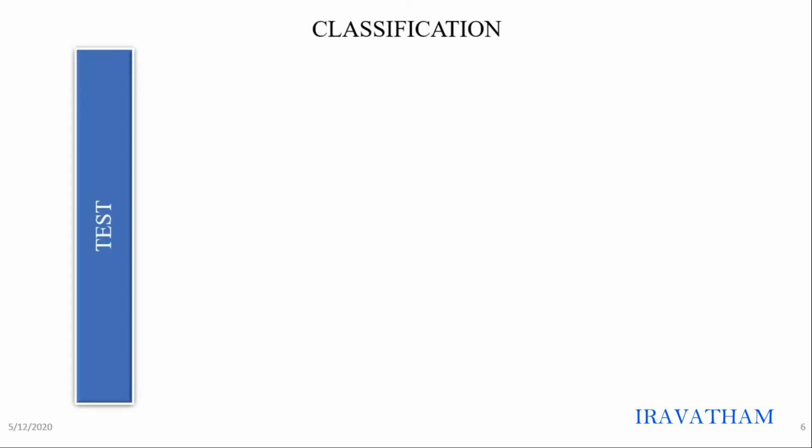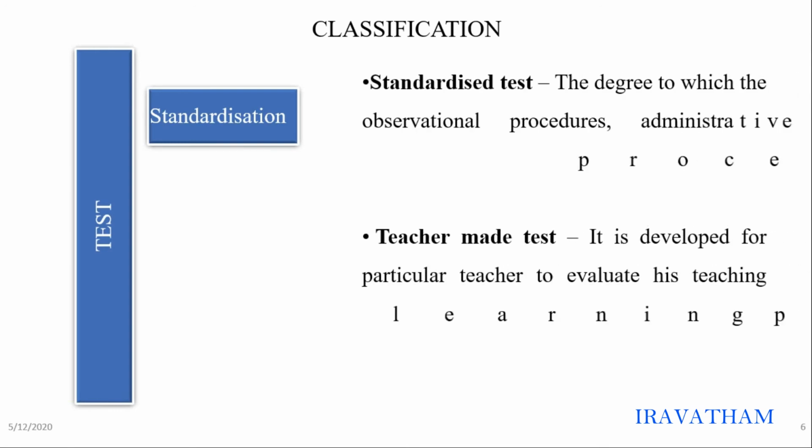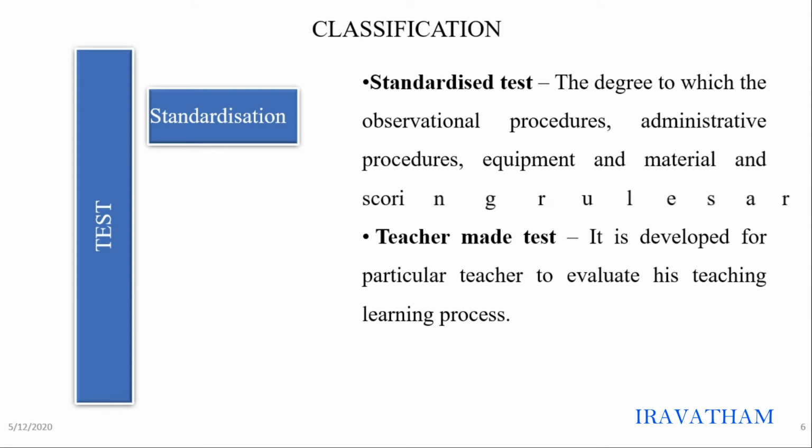Next, we'll see the test based on standardization. Generally, there are two. One is standardized test, another one is teacher made test. It's very clear from the word that it's a standardized test where we have fixed norms or rules.